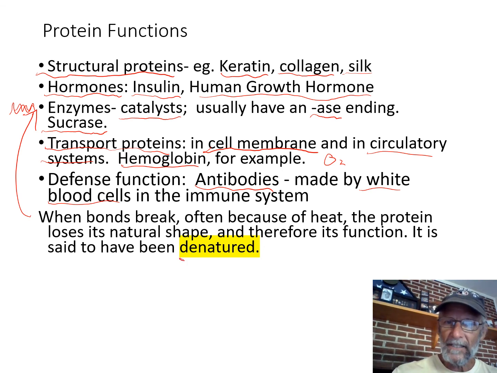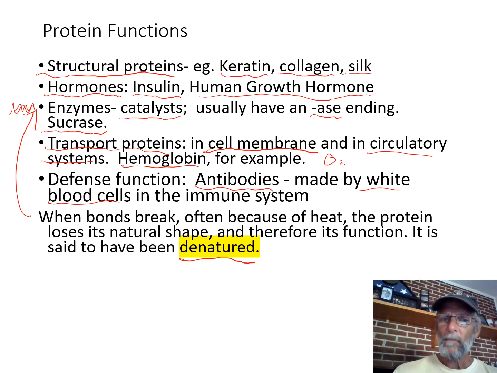Therefore, we call it denatured at that point. And that means it's not going to work because we're going to see that these molecules are very much like puzzle pieces. They have to be the right shape to fit into another molecule and do what they do. And if they are denatured, that shape is changed, they're not going to work.